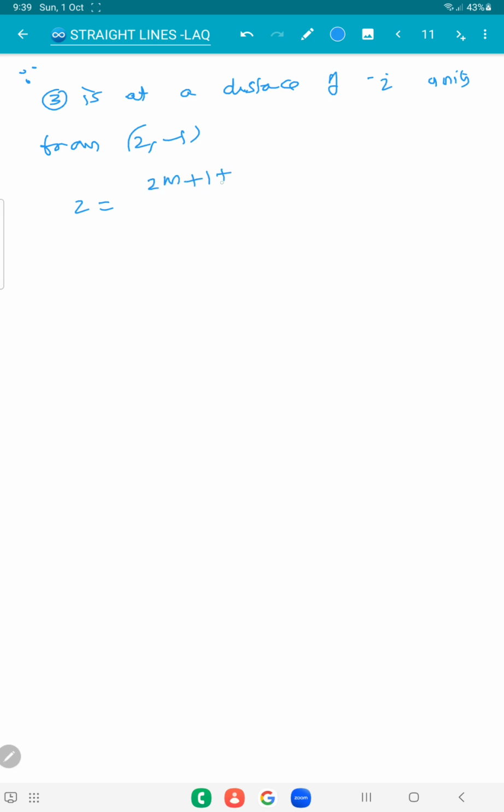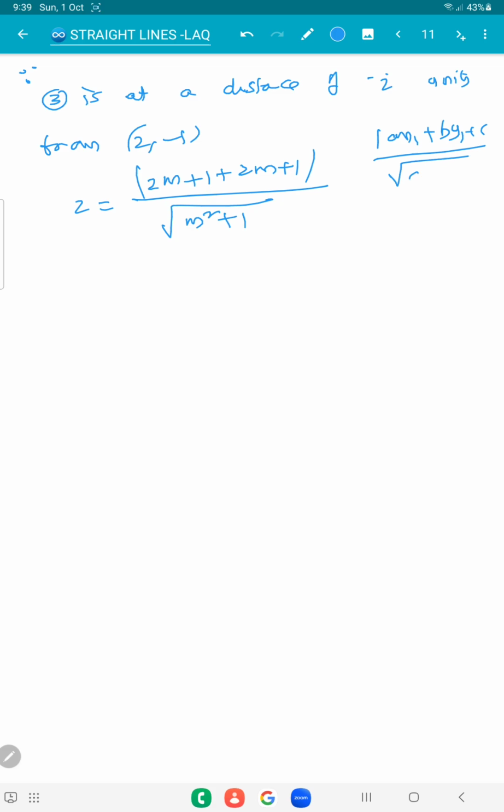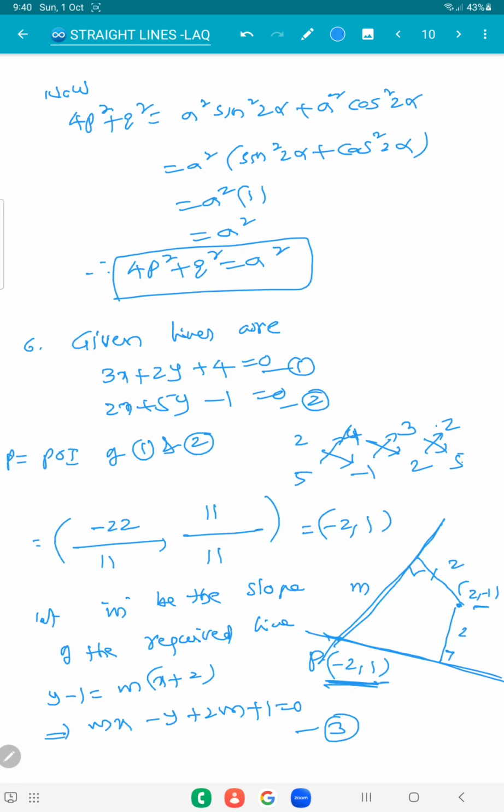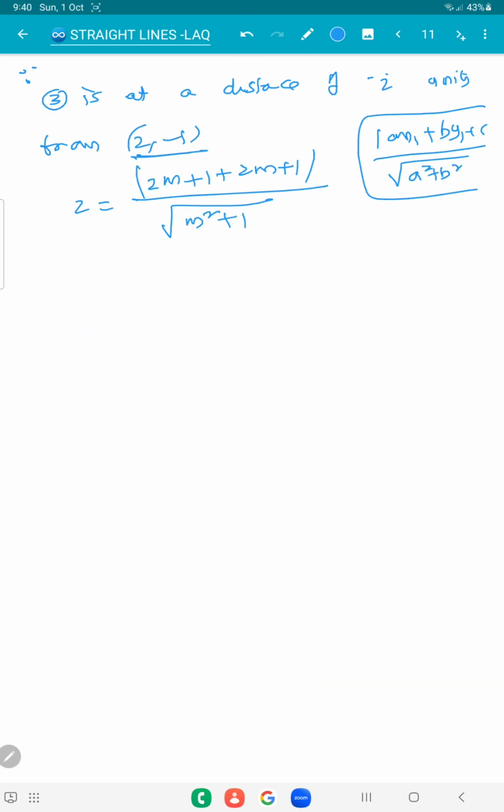The formula is mod of ax1 plus by1 plus c by root of a square plus b square. What is x1, y1? x1, y1 is 2 comma minus 1. What is the line? This is ax plus by plus c. Okay, we have to apply that slowly, substitute and get the answer.